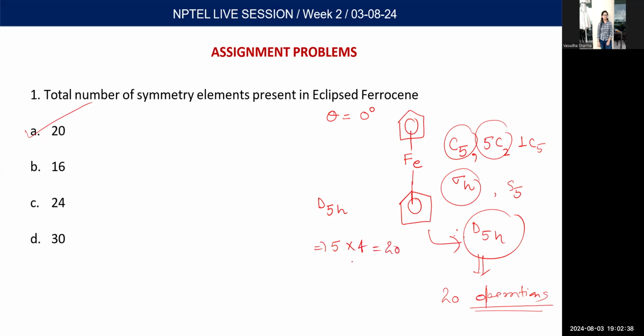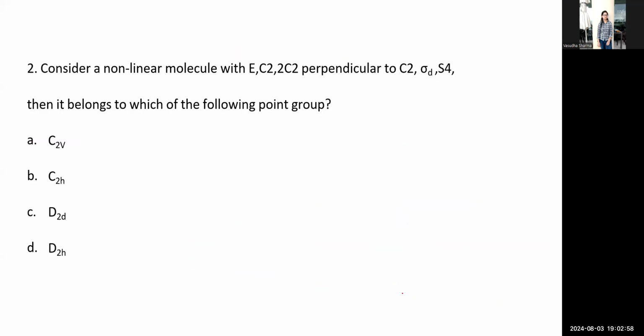Similarly, if you have Cnv, you multiply by 2n. For example, C2v gives you order 4, C3v is 6, D6h would be 24 operations, and so on and so forth. So it's a general trick. When you solve a lot of problems, you will ultimately get to know it.